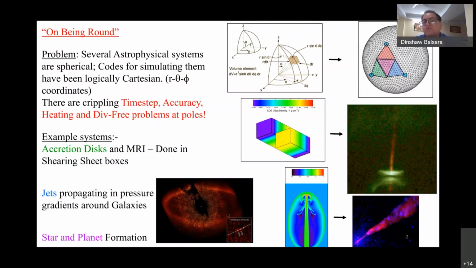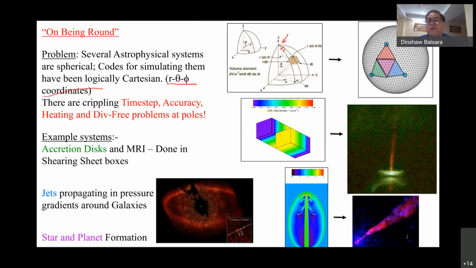Unfortunately, the simulations that we do are done in r theta phi coordinates. And here's an example of an r theta phi coordinate in 3 dimensions. You can see that as the zones come closer and closer to the pole, the zones become smaller and smaller. As a result, you have various difficulties that arise when you try to attack a spherical problem in an r theta phi geometry.